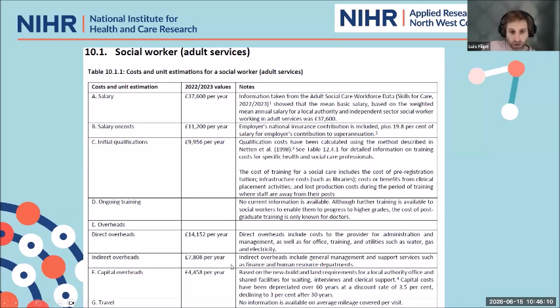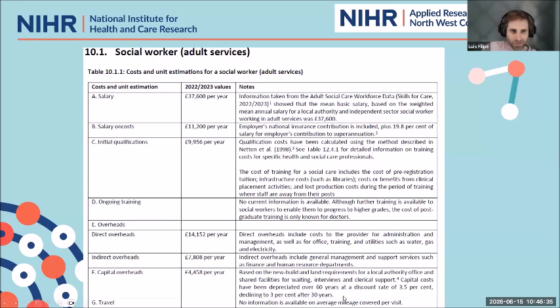Then indirect overheads, which include general management and support services such as finance and human resource departments. Then there's still the capital overheads, which are probably building related, based on the new build and land requirements for local authority office, and shared facilities for waiting, interviews, and clerical support. Capital costs have been depreciated over 6 years.